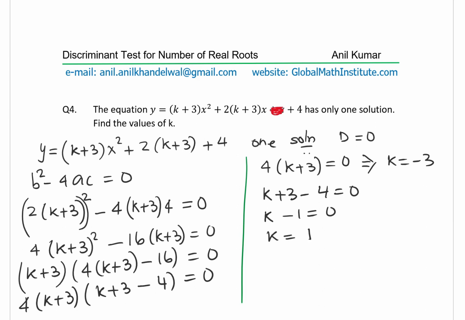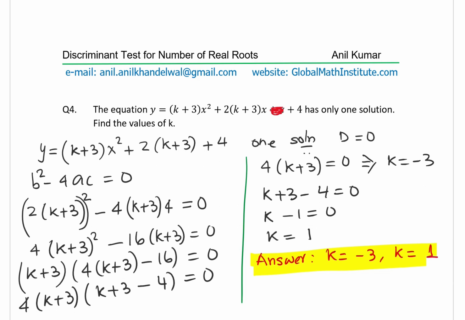So we have two answers in this particular case. We can write down our answer as k equals to minus 3 or k equals to 1. Right? So that becomes the solution for the given equation. Perfect. So that is how we are going to solve this particular equation.